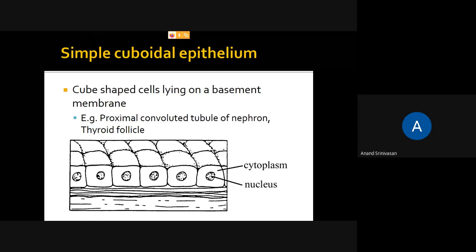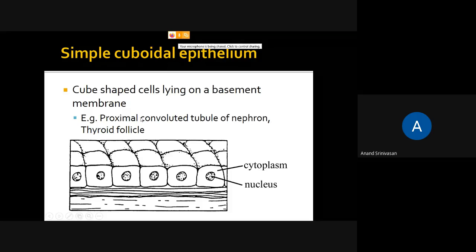Now the next one is simple cuboidal epithelium. As the name indicates, cuboidal means it is cube shaped. So cube shaped cells lying on a single membrane. There is only one layer of cells, so it is called simple.